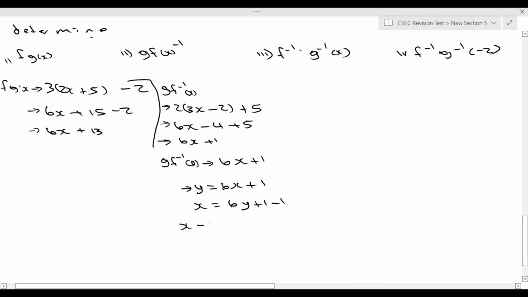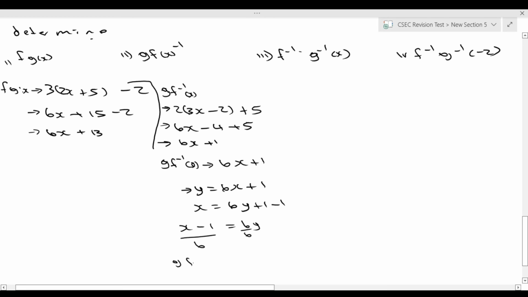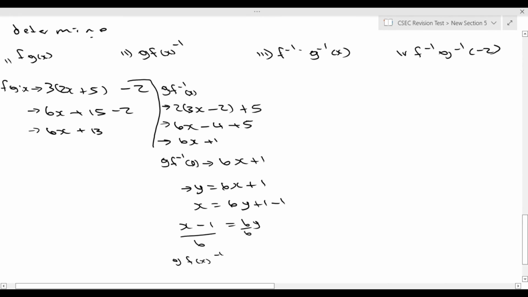So x minus 1 is equal to 6y. Divide both sides by 6. Our g of f inverse is equal to x minus 1 over 6.